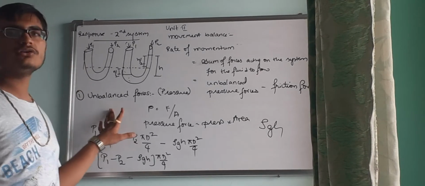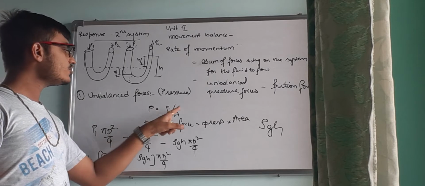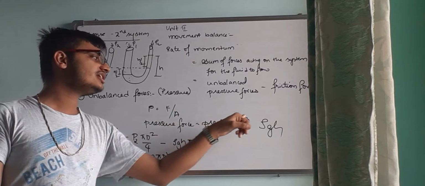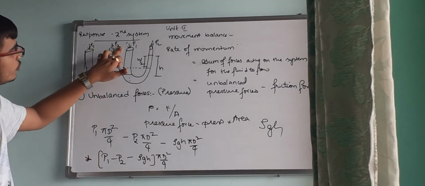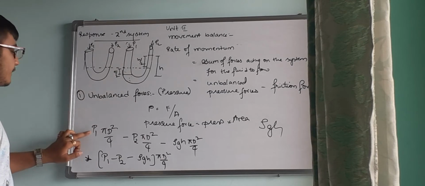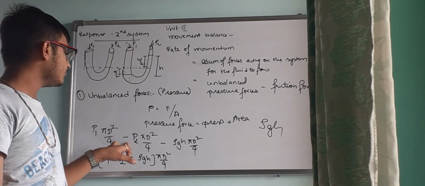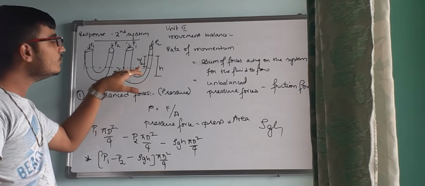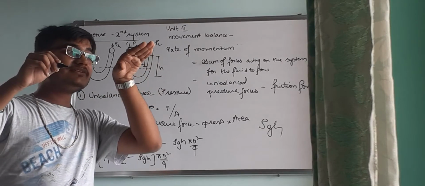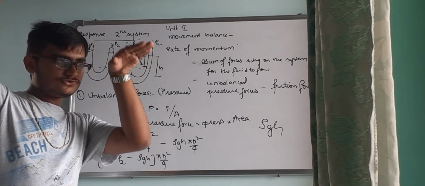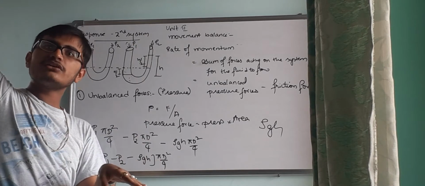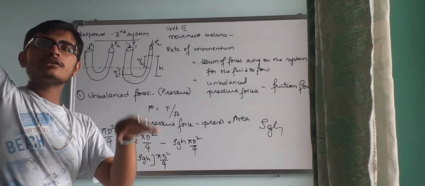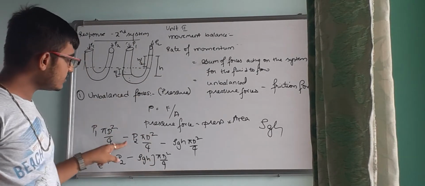Is it clear how to calculate the pressure force? Pressure is force per unit area, so the force will be pressure into area. First, due to P1, the pressure is P1 and the area pi d square by 4, minus P2. Why P2? Because the force is developed in opposite directions. One force is decreasing and the other is allowing the rise. So the forces are acting in opposite directions, hence you subtract.